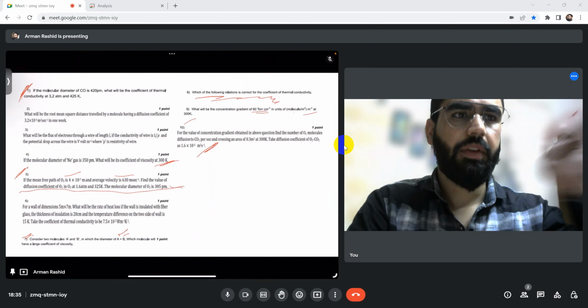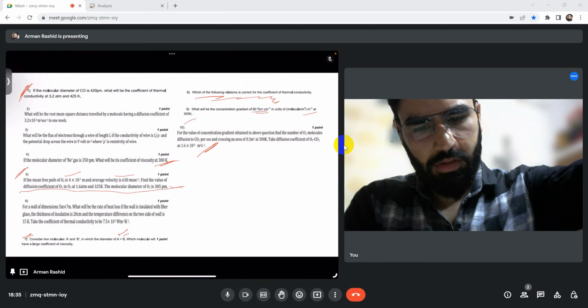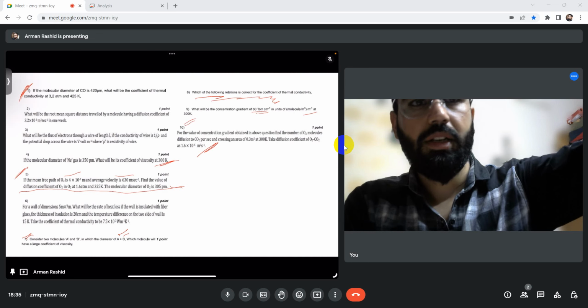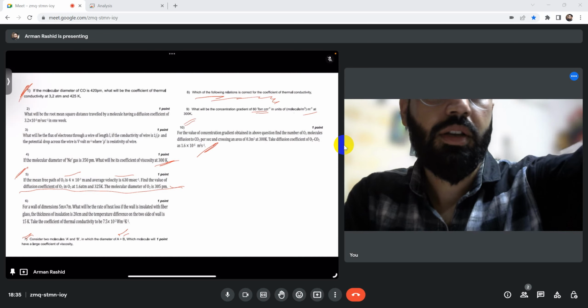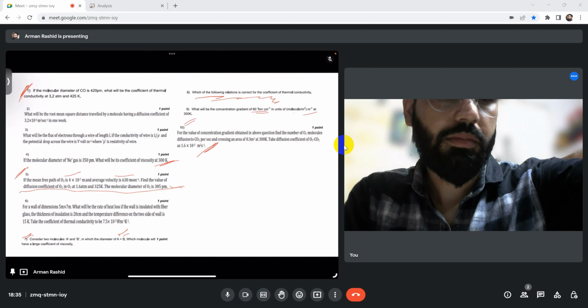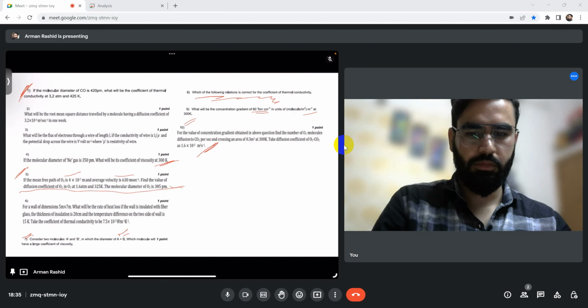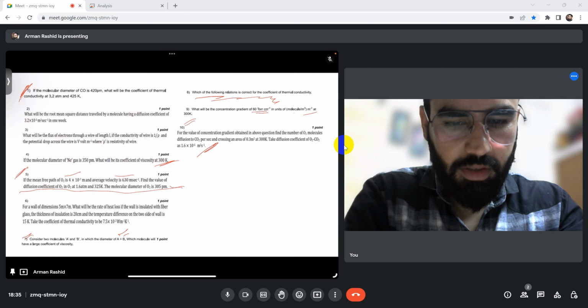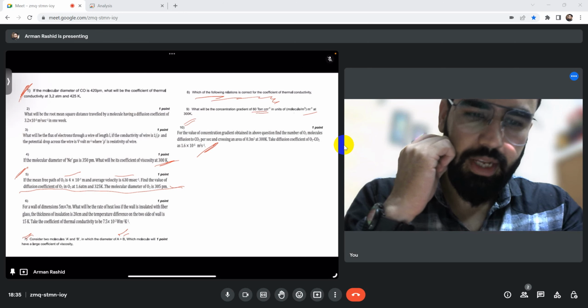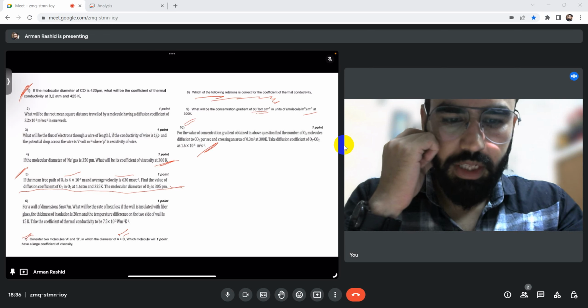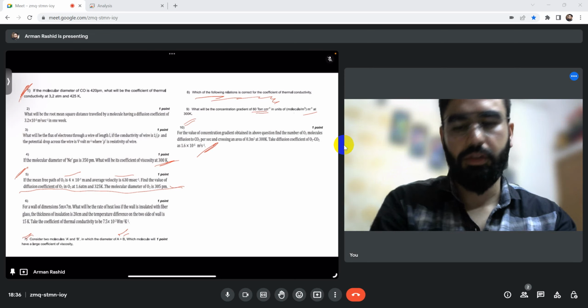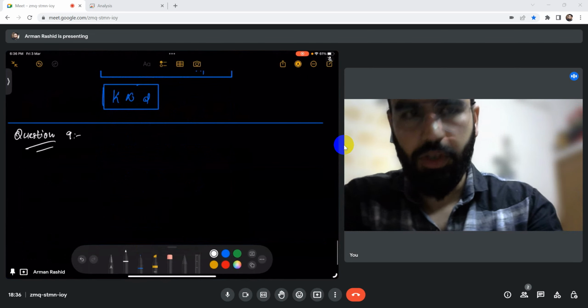What we have to calculate is the concentration gradient. We have been given the pressure gradient per centimeter, and the temperature is also given.